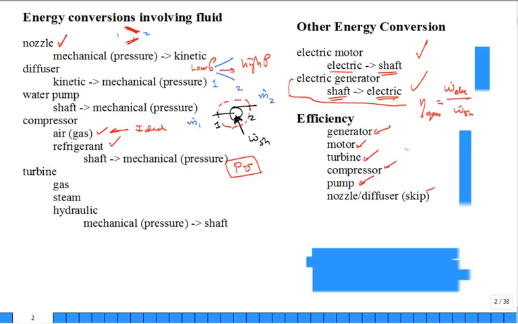Not all of the energy, this is the key idea, not all of the energy stays in the form that you want it in. You want it in a high value form of energy. Electric power, extremely valuable. Mechanical power, extremely valuable. The fluid power that's in the high pressure, high speed, high elevation, extremely valuable.